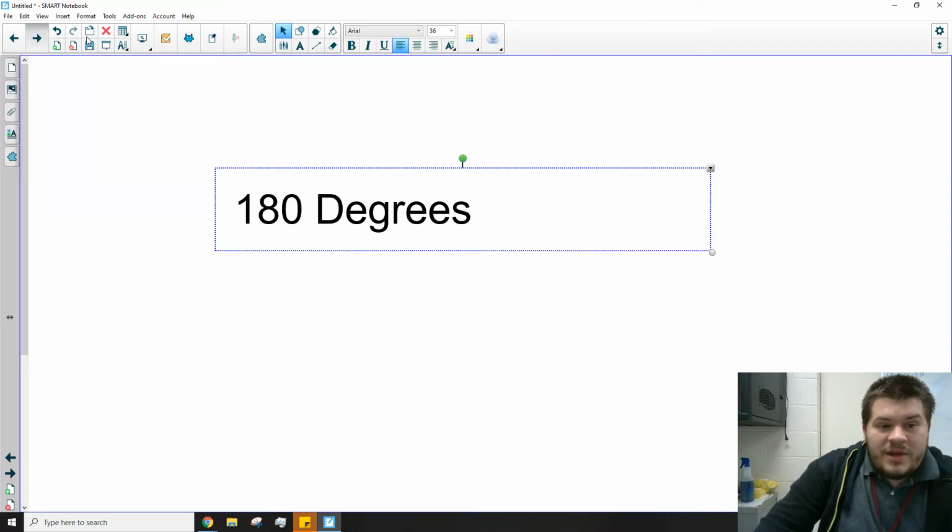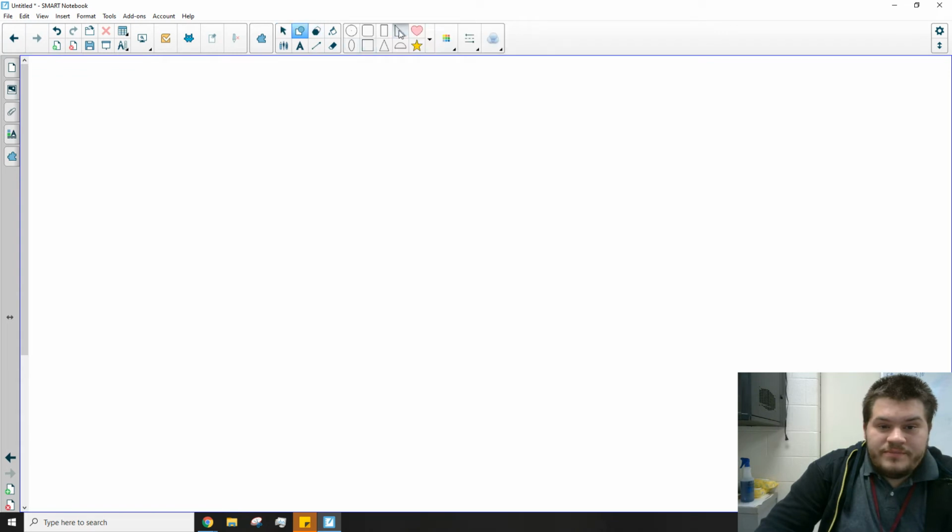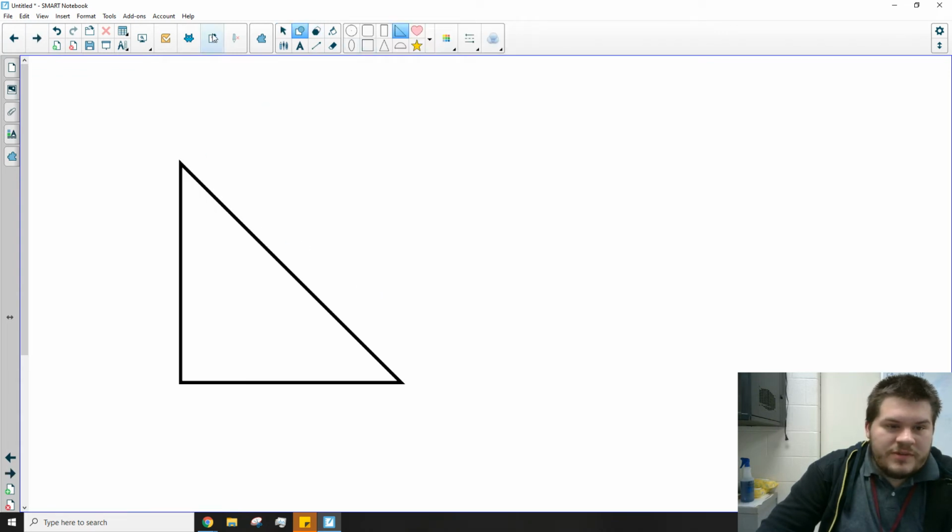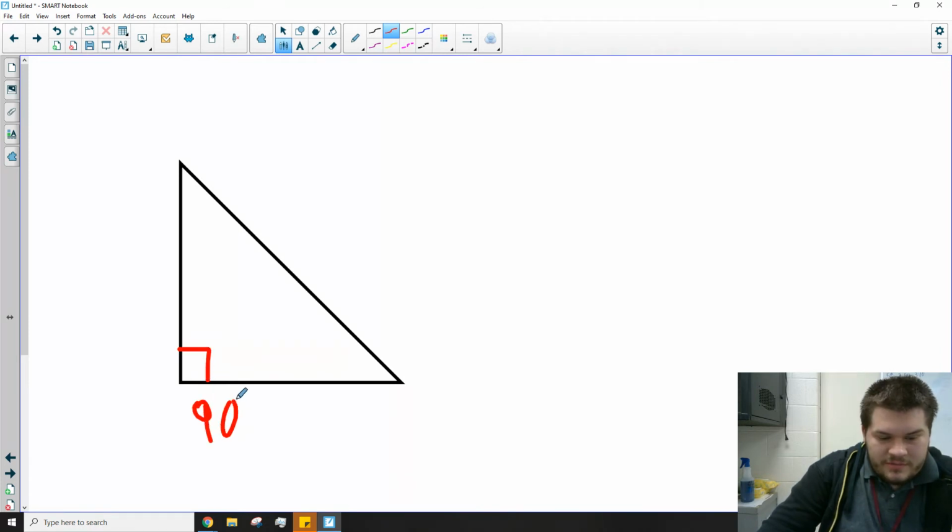So if I made a quick little triangle here, let's pick this one for example. This is technically an isosceles triangle, so I could easily say that since this is a right angle, it's 90 degrees. Now, because I already know the measure of these angles, this would be 45 degrees, and so would this one.